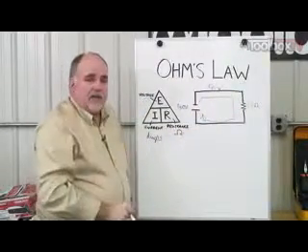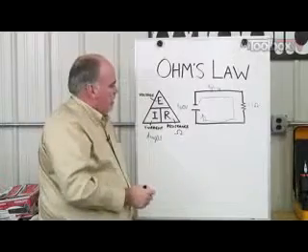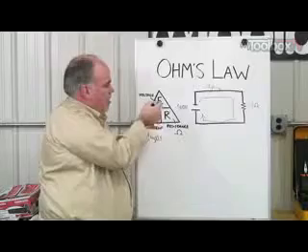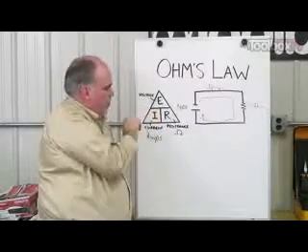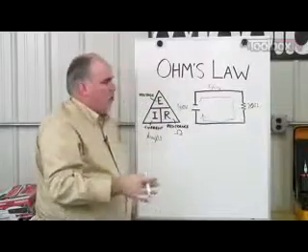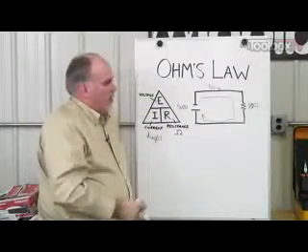We can calculate that too. We know amps and we know volts. So 40 volts divided by 4 amps, well, that gives us that 10 we had earlier. You can always find the unknown quantity.